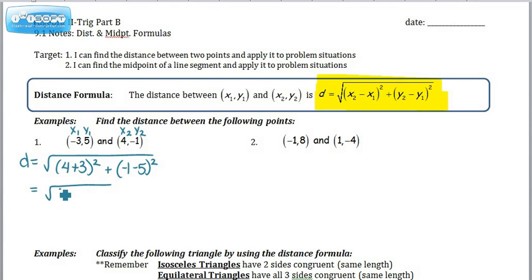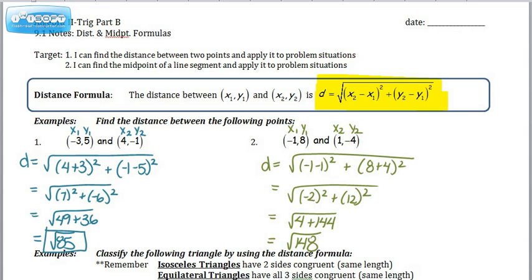If I use order of operations to simplify, we're eventually going to end up with the answer of the square root of 85. Since this radical does not simplify, and I was only asked to find the distance, that would be my final answer. Please practice it in number 2 and pause the video.